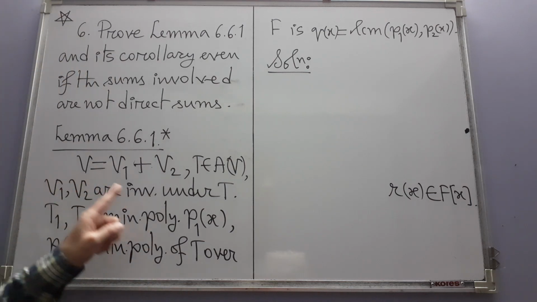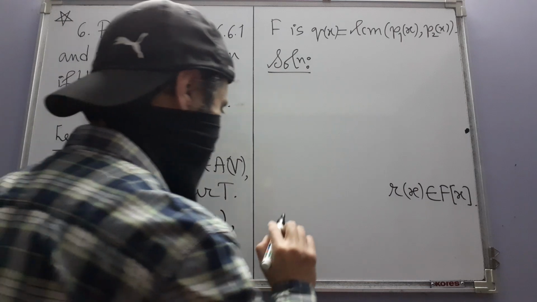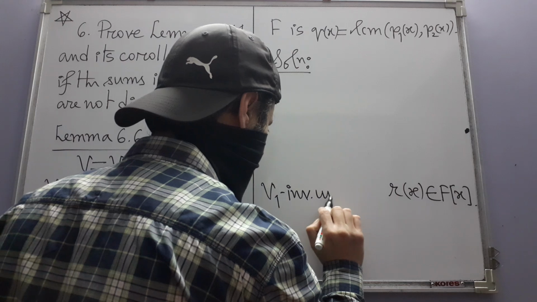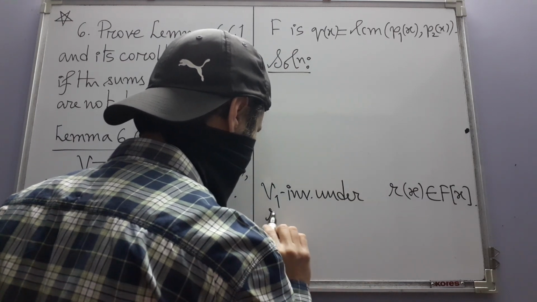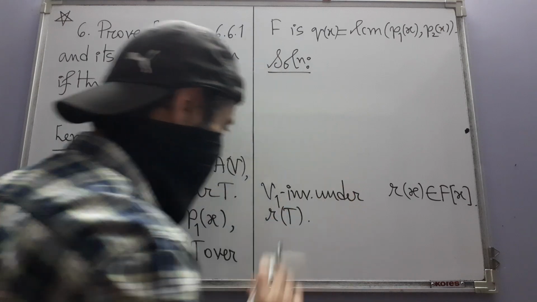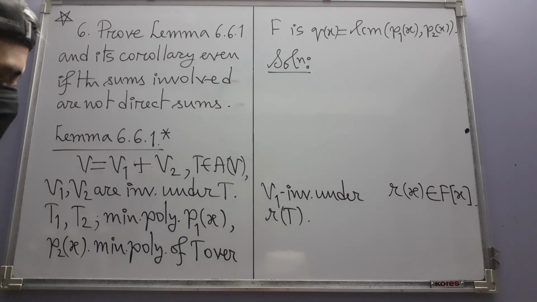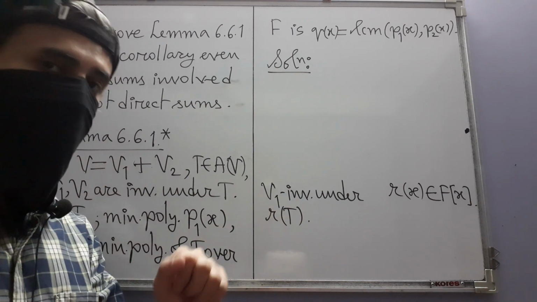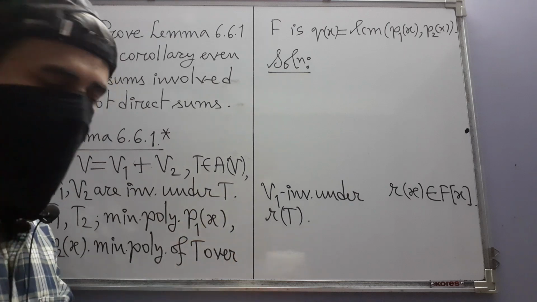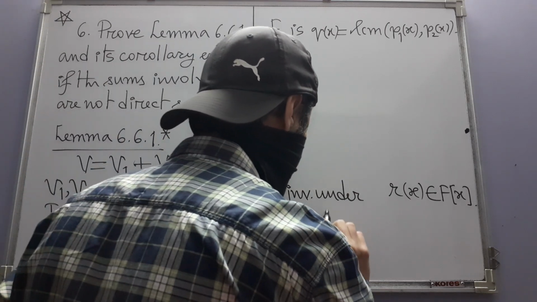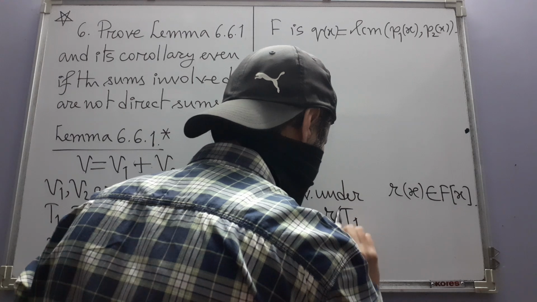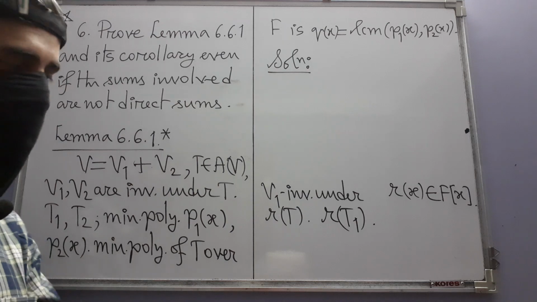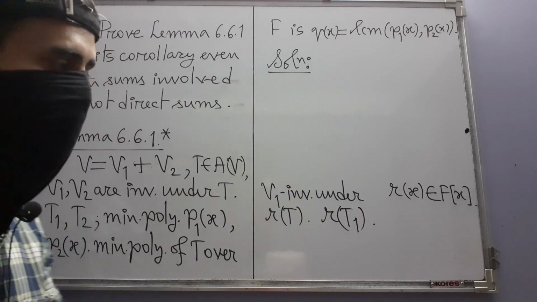Just like V1 is invariant under T, it's a simple matter to see that V1 is also invariant under the operator R of T. And that is why, just like T induces an operator T1 on V1, R of T will also induce an operator on V1. The observation was this, that induced operator is nothing but R of T1. Okay, that was the observation with which we in fact started this section.